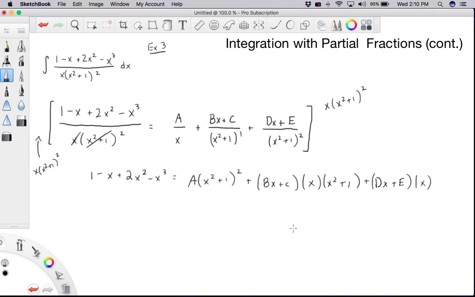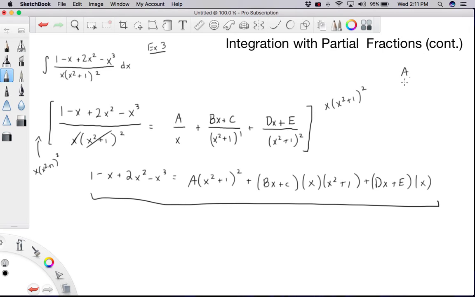Okay, and then once we have all the denominators gone, as we do in this line here, we should remember that this giant equation that I have written should hold true for all values of x. So what we're going to do is pick some values of x to try and see if we can find out what is a, what is b, what is c, what is d, and what is e.